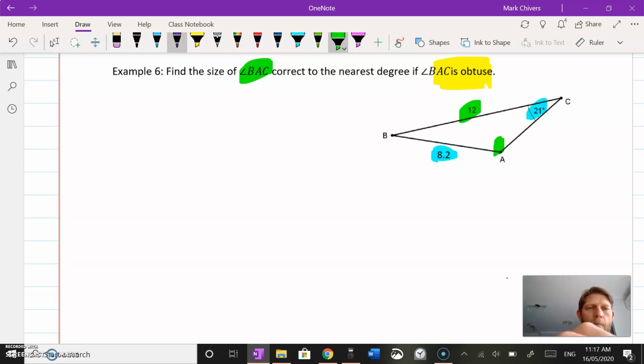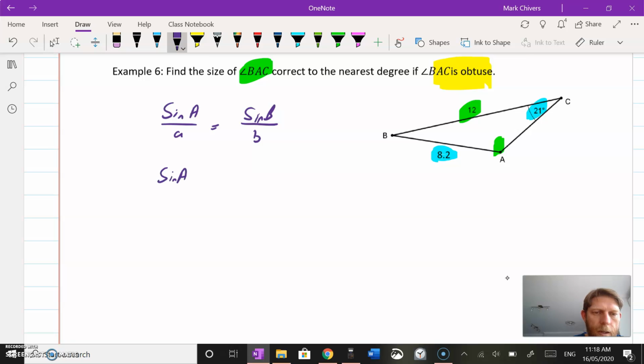So we still do the same process all the way through from the start. We're going to go sine A on A equals sine B on B. There's our formula. Now we'll substitute in what's in our particular question. The thing that we want goes in the top left-hand corner. That's that angle, and we're going to call that angle A because it's at the point A. So we'll leave that alone, over 12, equals sine of 21 degrees over its opposite side, which is 8.2.